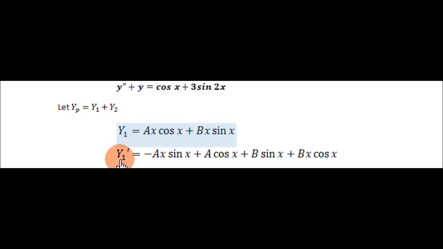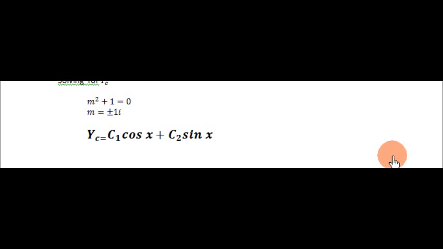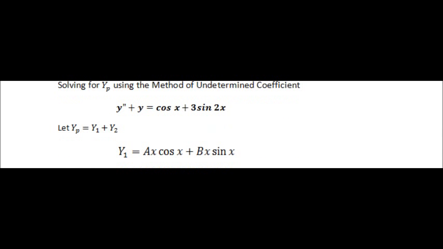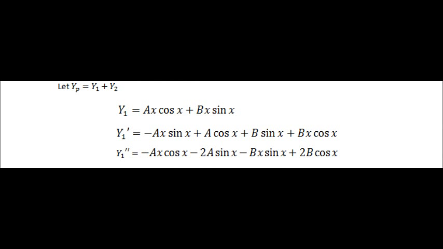So my yp will be equal to y1 plus y2, where my y1 is equal to ax cosine of x plus bx sine of x. The x here are added, since our complementary solution contains the cosine x and the sine x, so they should not be the same, or they should be unique.